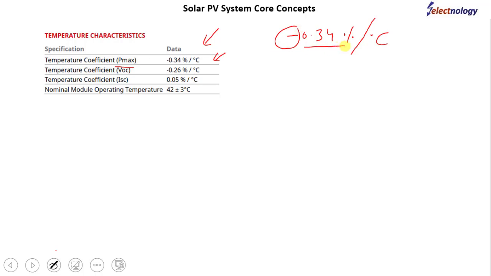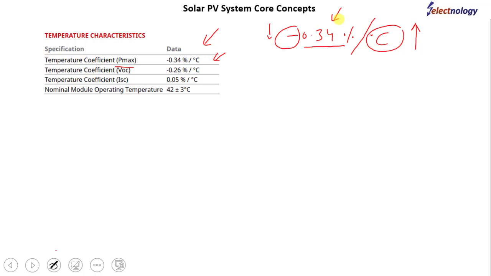It is 0.34% per degree centigrade, meaning that for each increase in degree centigrade of the temperature of the PV module, the rated power of the PV module shall decrease by 0.34%.